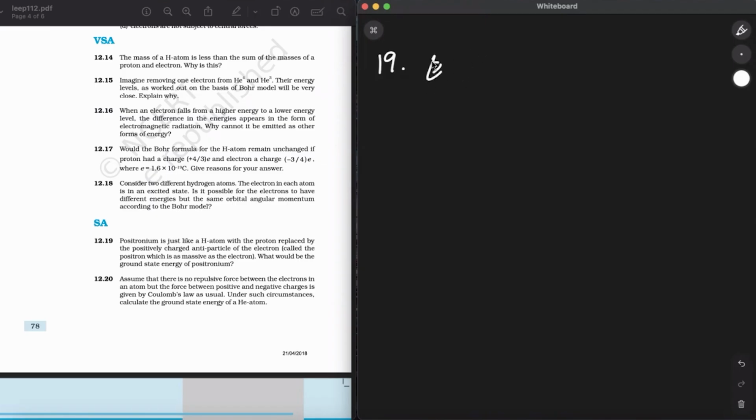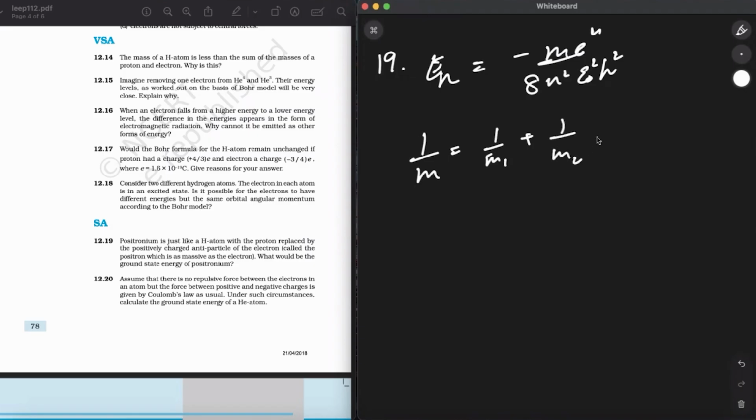First of all, I would like to write the energy En equals minus mu e to the power 4 upon 8 n square epsilon naught whole square h square, where mu is the reduced mass of electron and proton. This you already know. For a system of masses m1 and m2, I can write the reduced mass as 1 upon mu equals 1 upon m1 plus 1 upon m2.